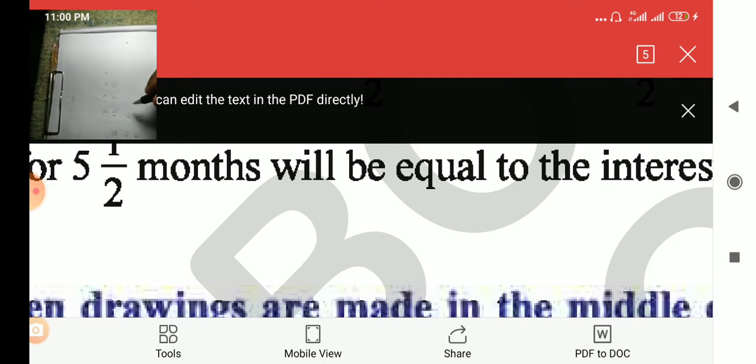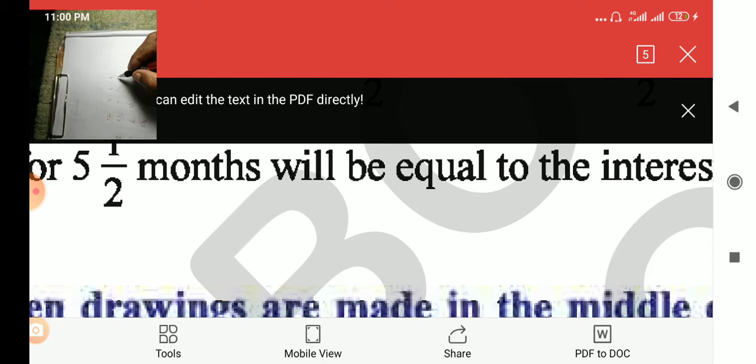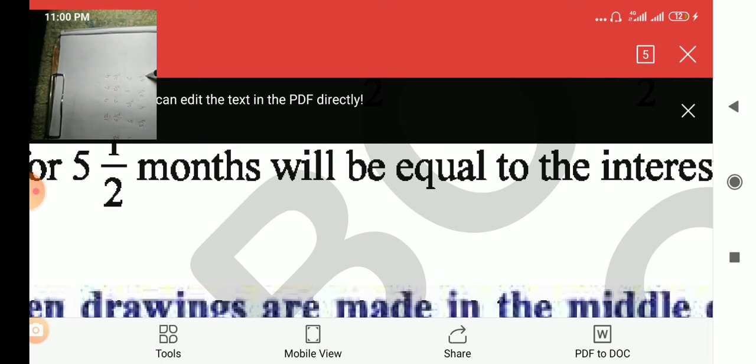And going on this side, 1 and half, 5, 3 and half, 4 and half, 4, 3, 2 and half. Here it's different: 7 and half, 6, 4 and half.